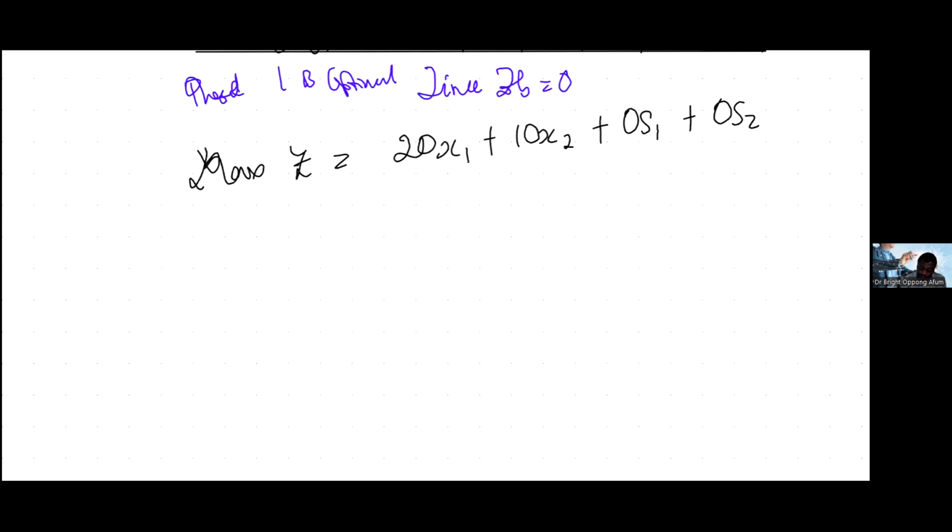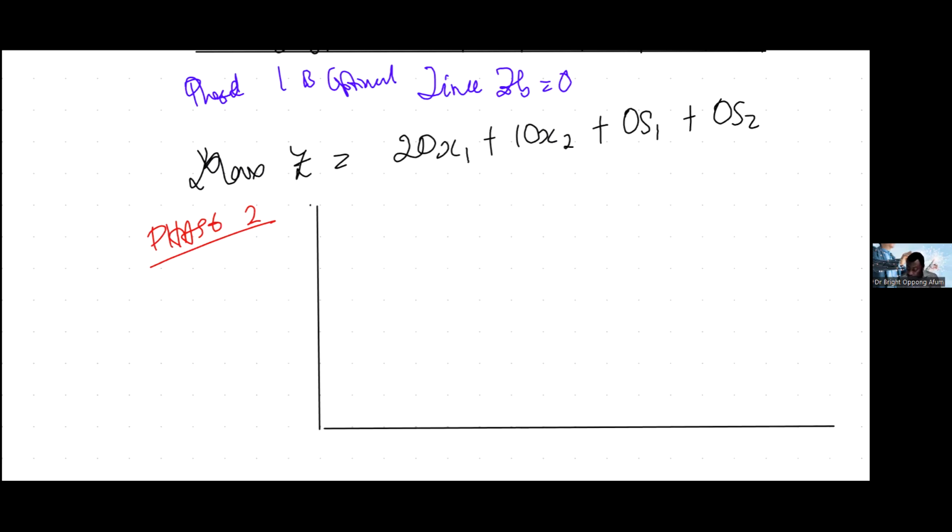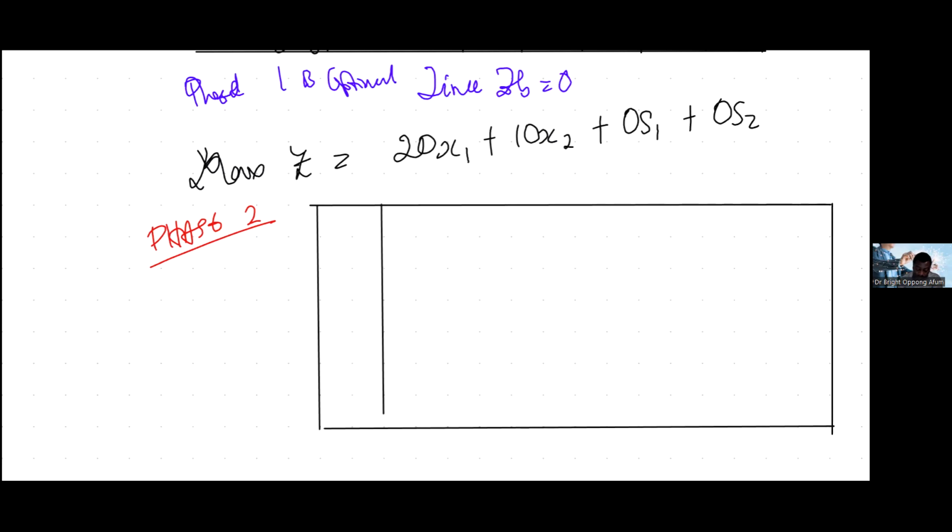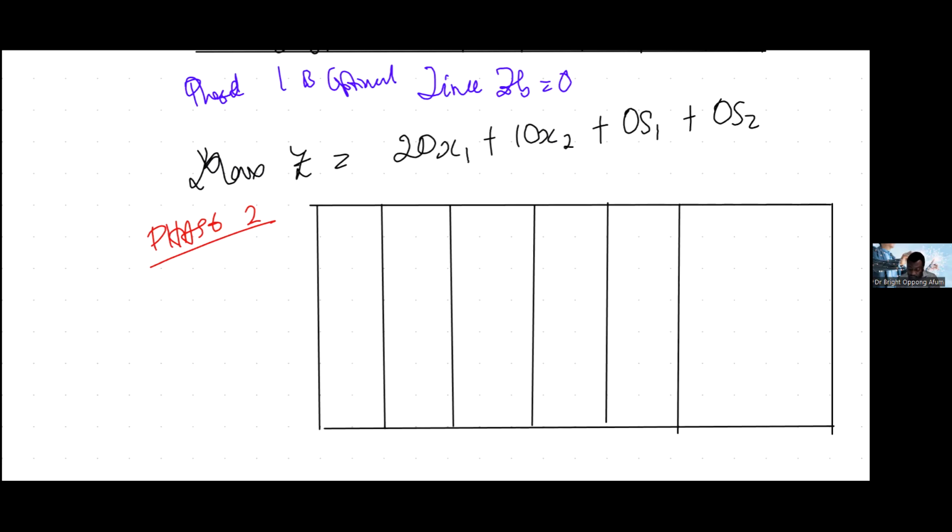So in phase 2, the tableau is, so we have our CJ, CB, and we have the basis, we have the BIs, X1, X2, then we have S1 and S2.